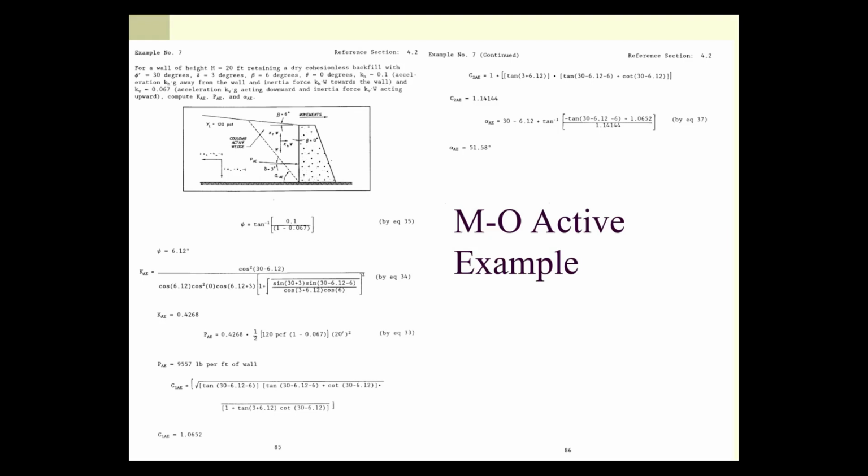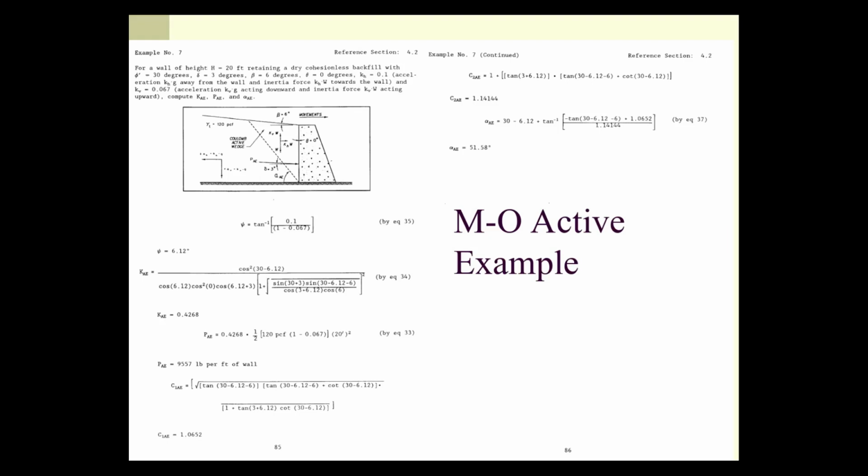It's a vertical wall. KH is equal to 0.1, and KV is 0.06. So these are in G's. That means they are dimensionless. They are the ratio of the actual acceleration in feet per second squared or meters per second squared divided by the acceleration due to gravity.